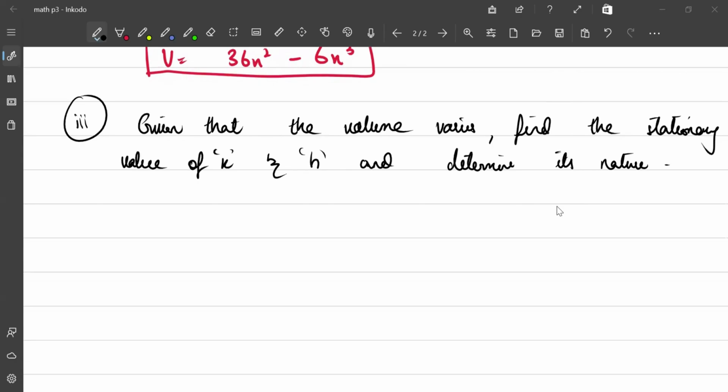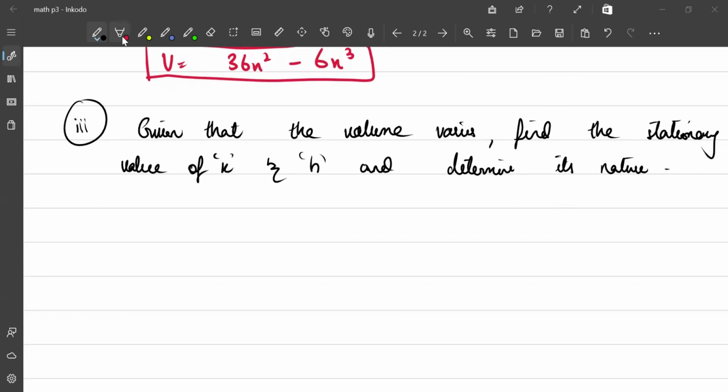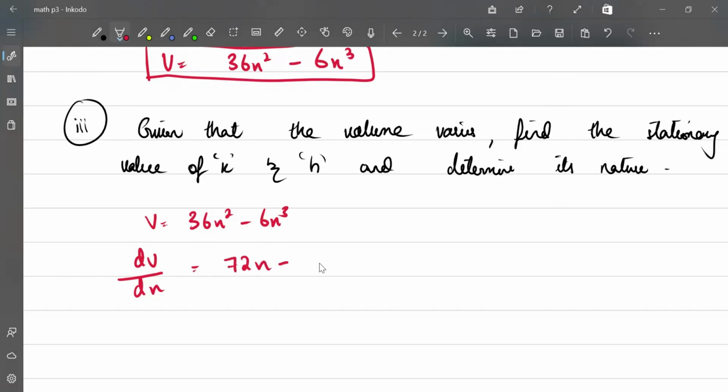We know the volume is 36x square minus 6x cube, and the volume varies, which means we have to calculate dV over dx, which is 72x minus 18x square.